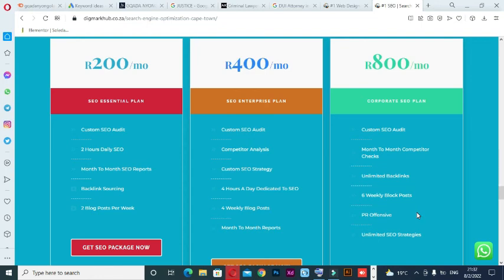So if you do a newsworthy case, sometimes we would want your name to feature in a newspaper, so that it gives signals to Google to say you are in authority, and to backlink that to your website. So those are the SEO packages.